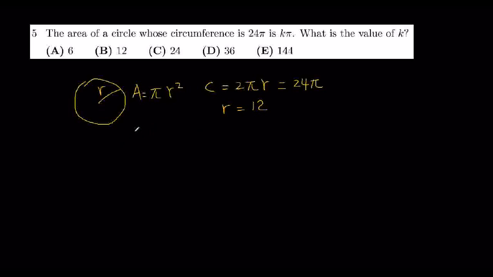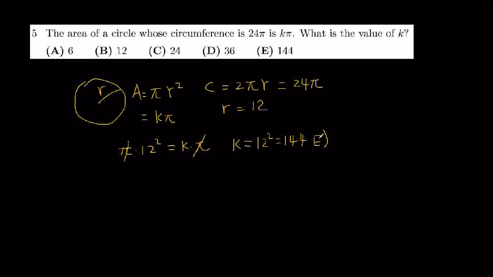And we also know this area will equal k pi. So we have pi times 12 squared equal to k times pi. Take pi away from both sides, you have k equal to 12 squared, which is 144.